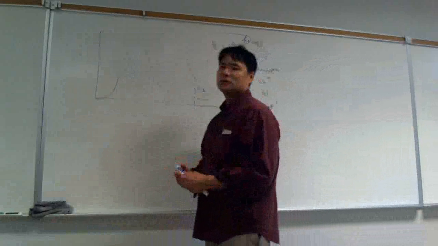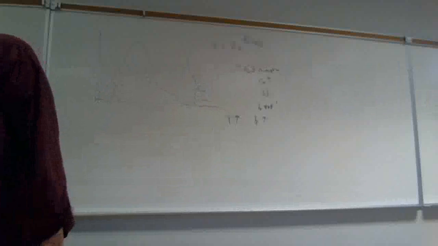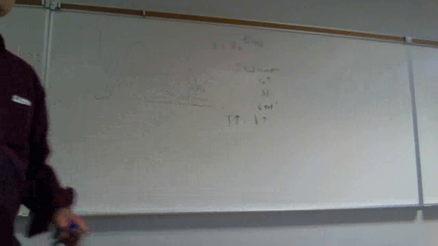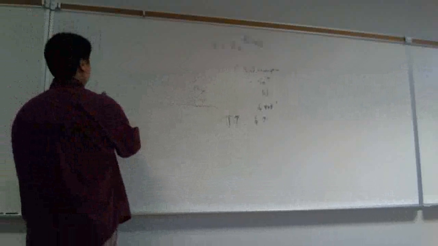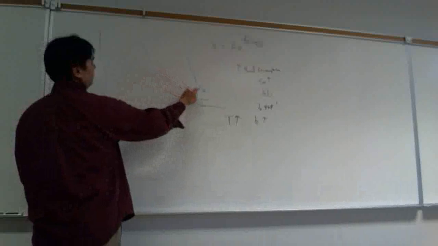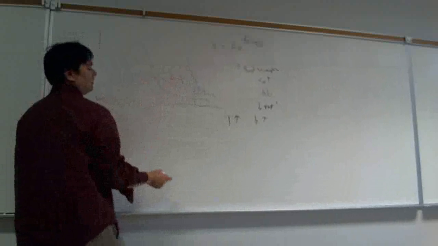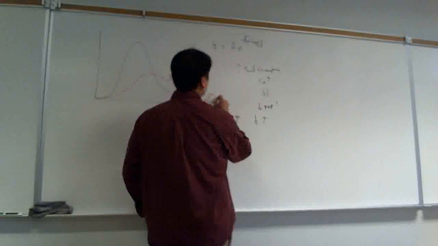At higher temperatures, the curve shifts. The population stays the same, but this is high T. At higher T, the population is going to go up.